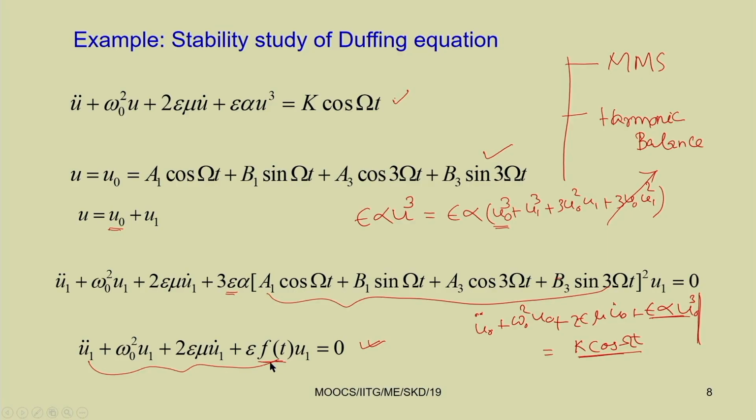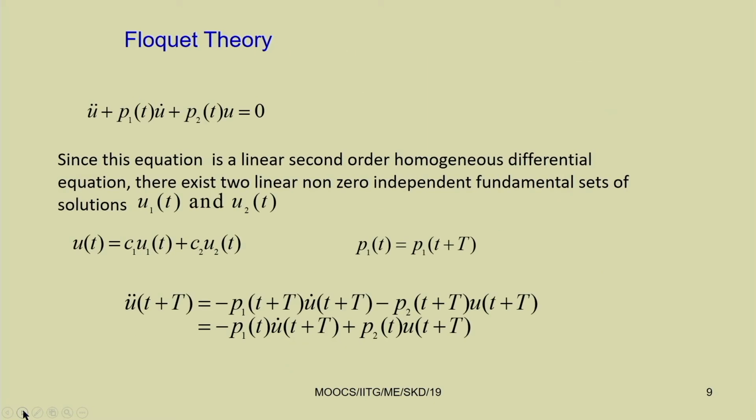Here you have seen that the system contains coefficients that are periodic. So, we are expecting to get a periodic solution out of this equation. Let us consider the system u double dot plus p1 of t u dot plus p2 of t u equal to 0.